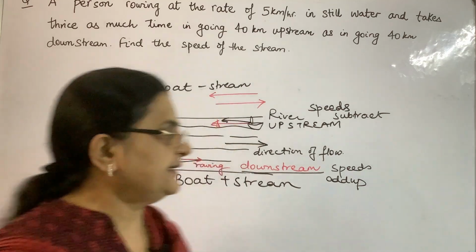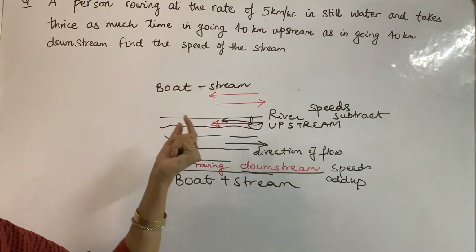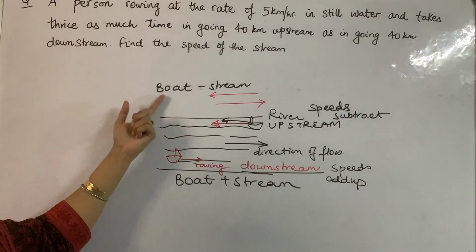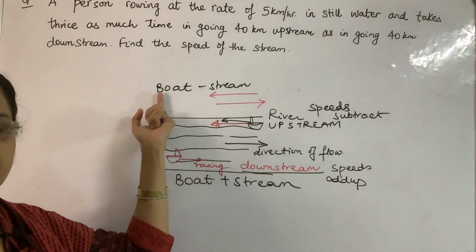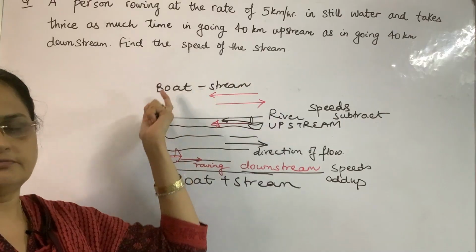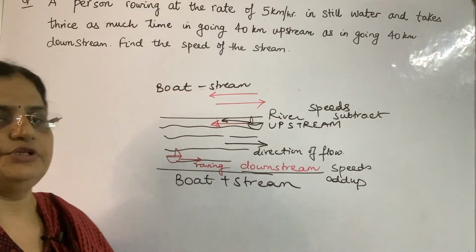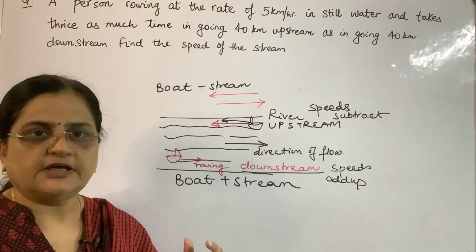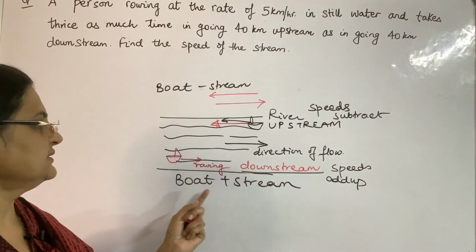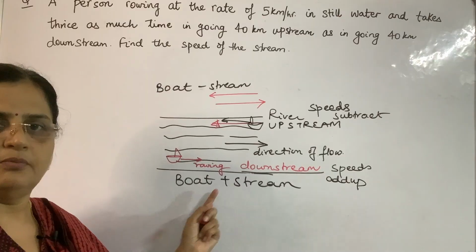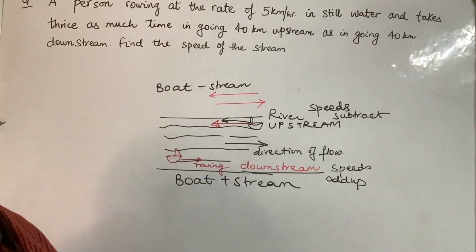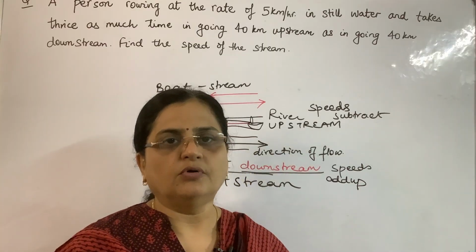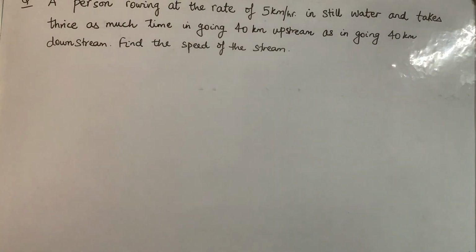Sometimes the students tend to write stream first and then they commit mistake. So let us say it is alphabetical. B comes first and S comes after that. So boat will be always first and stream will be after that. So what have we understood if we are concluding? Downstream means both the speeds will add up, boat plus stream, and upstream means both the speeds will subtract, that means boat minus stream.